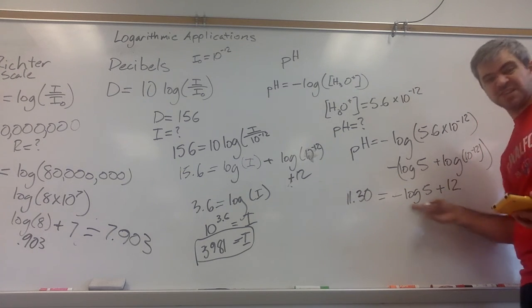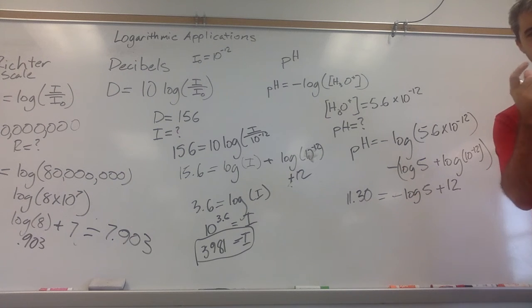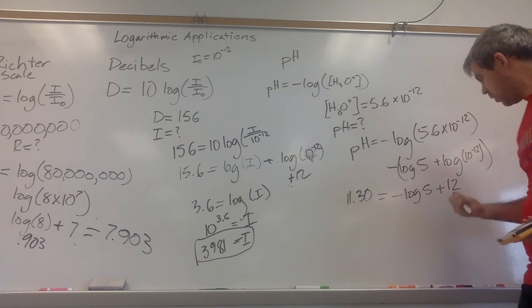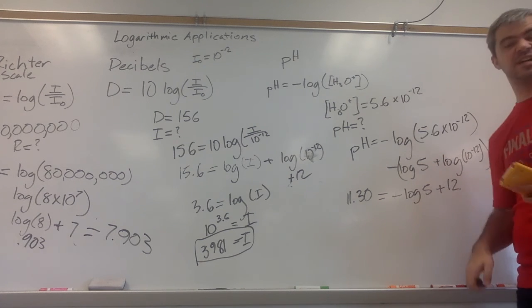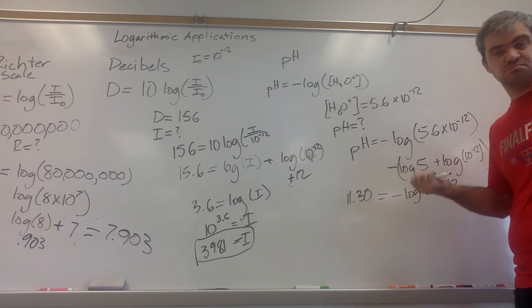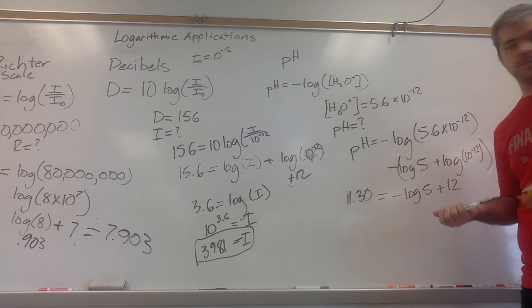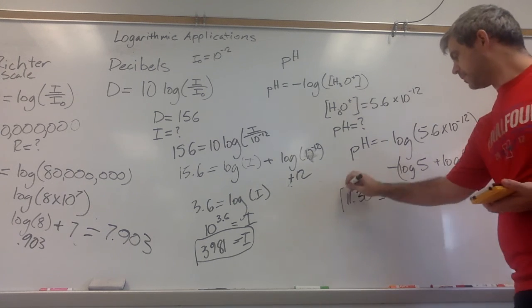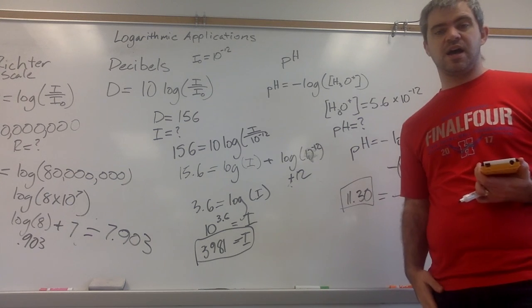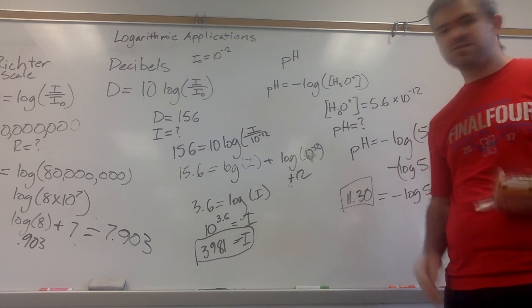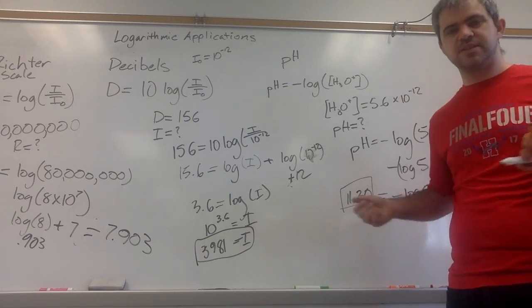Again, you'll see this is basically just a rounding error. It's only a little bit different, which is why I'm showing you this, because you should be able to look at this and go, oh, it's going to be about 12 without even needing a calculator. So that's our pH. So these are some different applications of logarithms. Just plug them in the formula, see what you come up with.